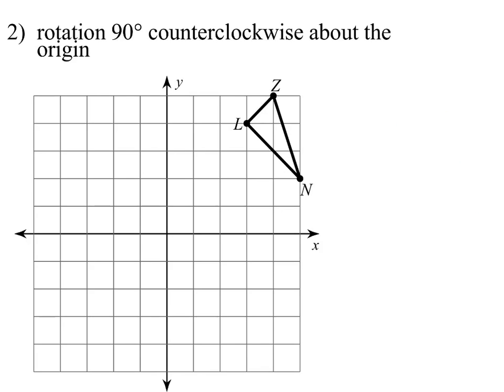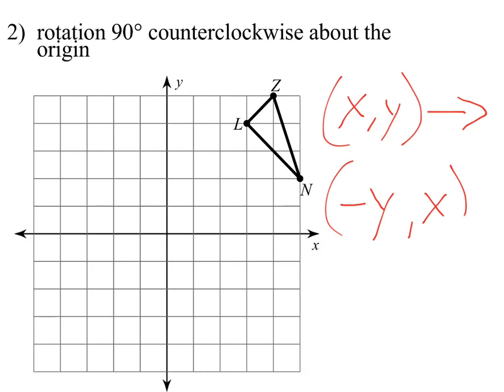Moving on, if you're going to do a 90 degrees counterclockwise rotation around the origin, remember counterclockwise is that way. In case you've forgotten, there's a little function that can help you out. If you're going to go counterclockwise 90 degrees, you're going to switch the order of your coordinates and make the first one the opposite sign.